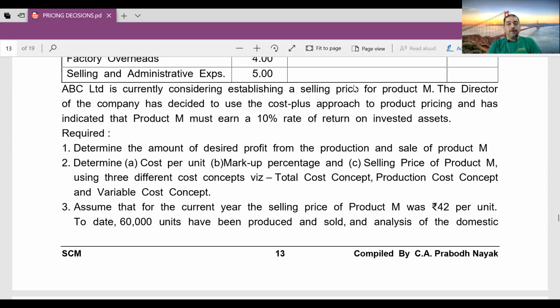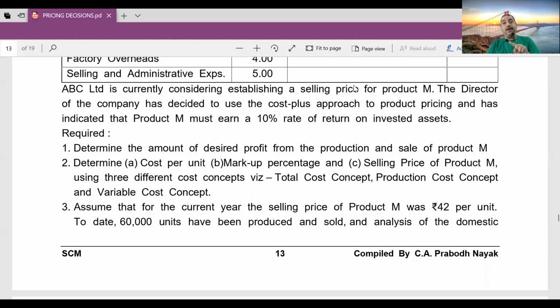If I say cost plus markup of 25%, then it is total cost plus 25% of total cost. Whereas if I say cost plus approach, it means total cost plus something. Now that something need not be calculated on the total cost. It can be something which you require, a desired profit. For example, I say whatever is the total cost plus 20 rupees.